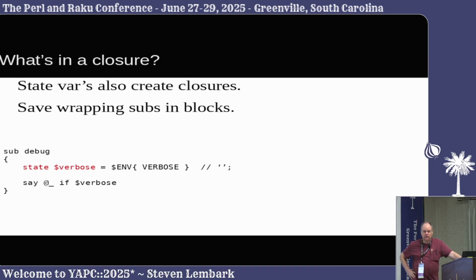And then as you exit, the value in the state variable is preserved. So the next time you enter the subroutine, the old value of the state variable is still there. So it maintains its state across multiple passes through the subroutine.